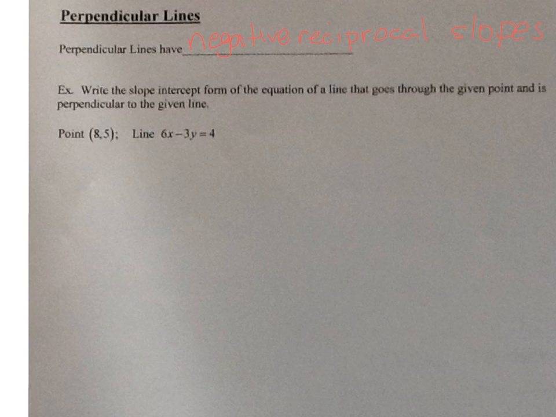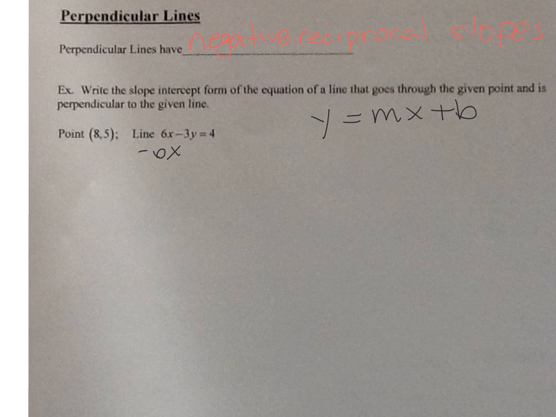All right, so we have here, let's look at the example. Write the slope-intercept form. Remember, slope-intercept form is y equals mx plus b, of the equation that goes through the given points, I'm still using 8, 5, and it's perpendicular to this line here. So the first thing I'm going to have to do is put the line in y equals mx plus b form so that I can identify the slope.